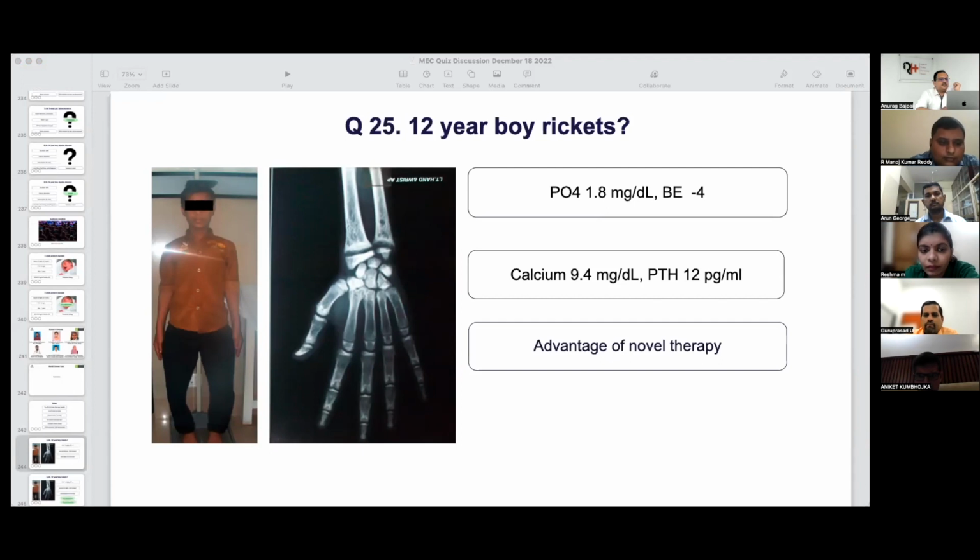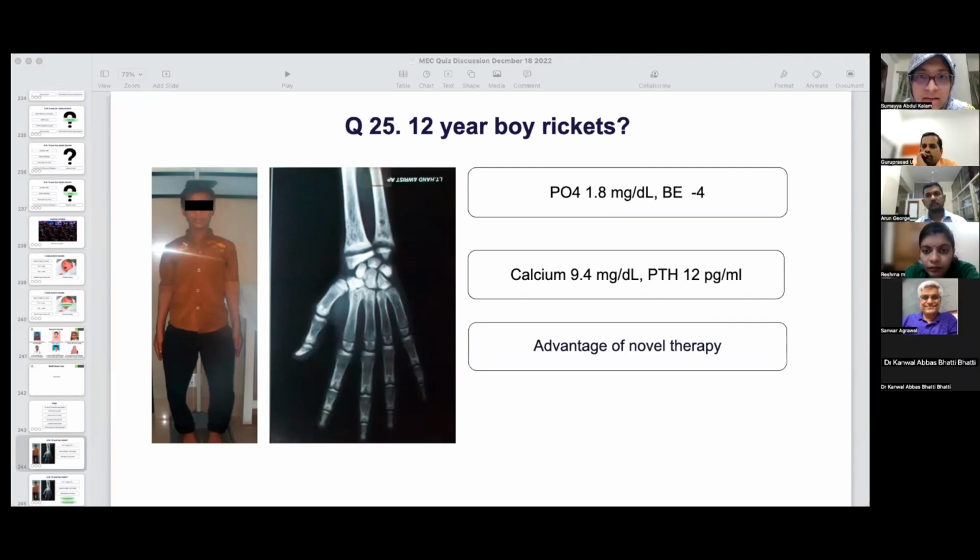Dr. Somaya? Sir, can you hear me, sir? Yes, now. This is hypophosphatemic rickets. The new therapy is burosumab, which is a monoclonal antibody against FGF23. And the advantage? It directly acts at the level of the FGF23. So what is the adverse effect which doesn't happen, which we had with conventional therapy?